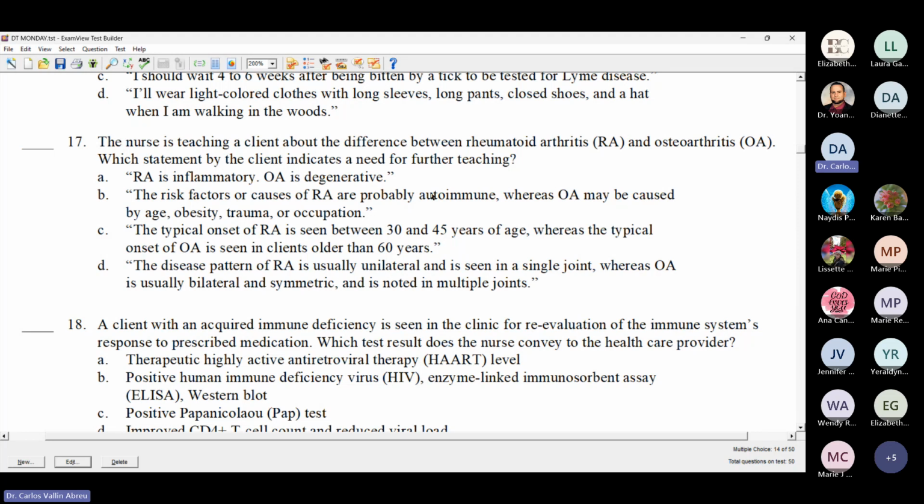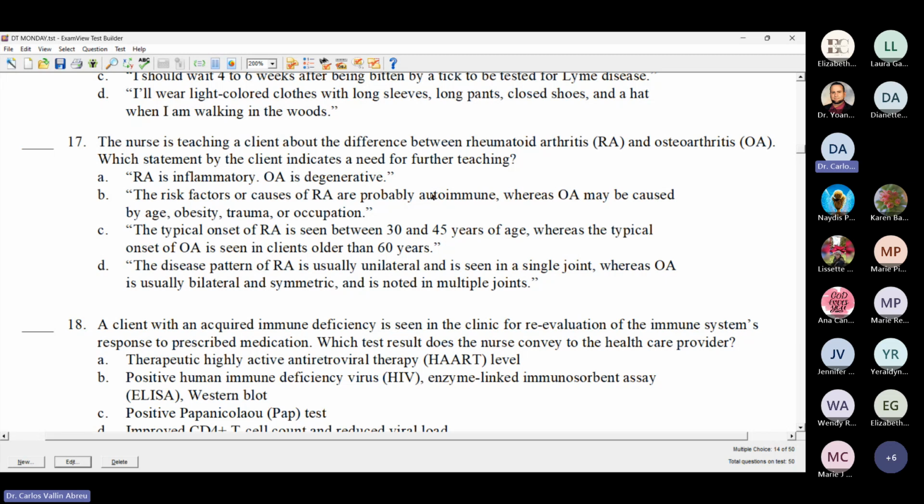The type of exercise convenient for people with any type of arthritis is low impact exercise. What does that mean? Those are exercises that are not going to make the joint support intense trauma, intense forces. Like, for example, running. When you are running, there is impact in your hips, your knees, and your ankles.